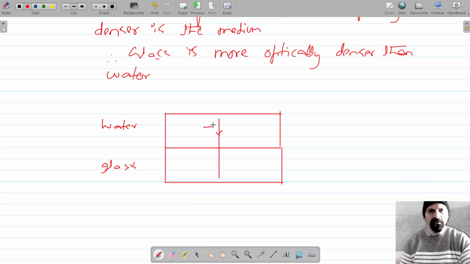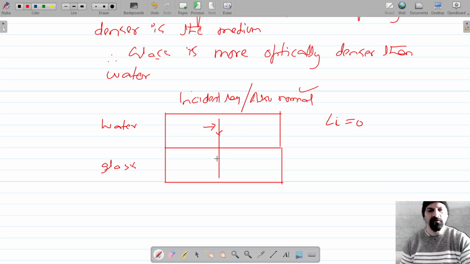Now this is the incident ray from water, and this is also the normal. So that means angle of incidence. So angle of incidence is equal to 0 because it's the angle between the incident ray and the normal. So this ray is the incident as well as the normal.